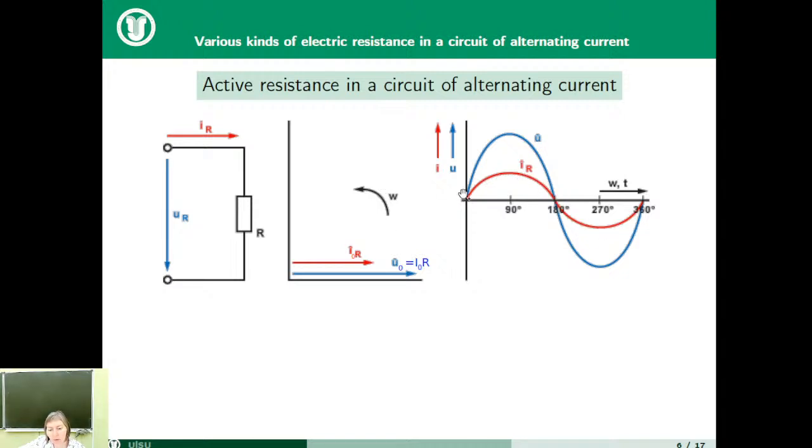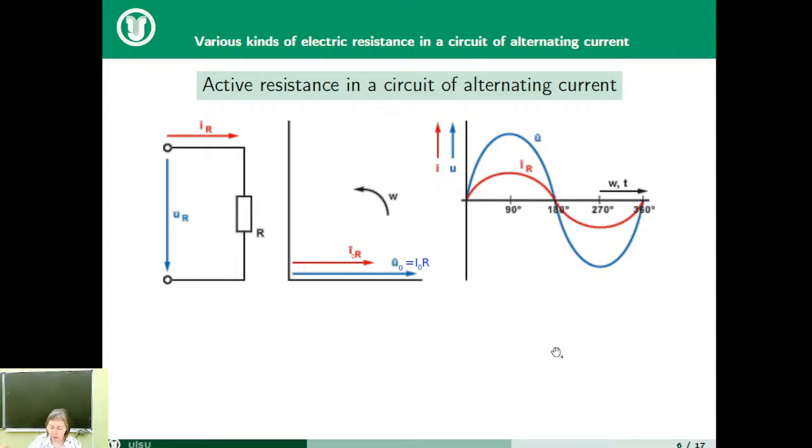We can see a vector diagram with no phase shift, and these vectors for current and for voltage go round with omega.